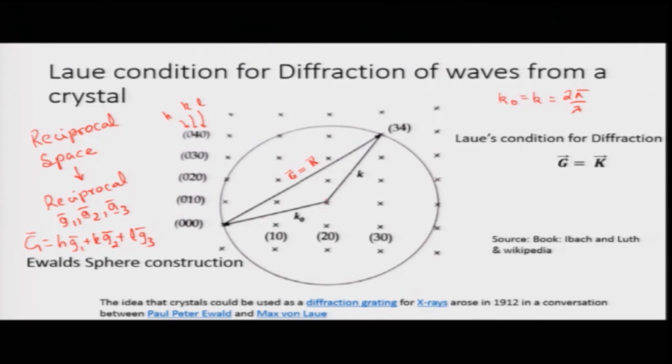You can choose any point in this reciprocal lattice as the center, and from that point draw a vector whose length is 2 pi by lambda, in any direction. And you can also draw the scattered wave vector k prime.